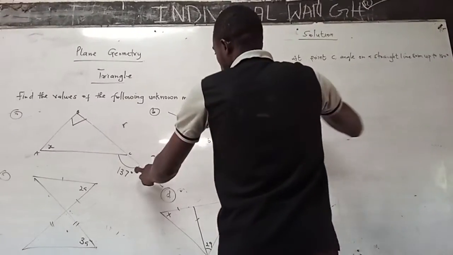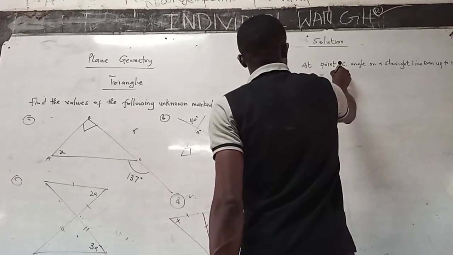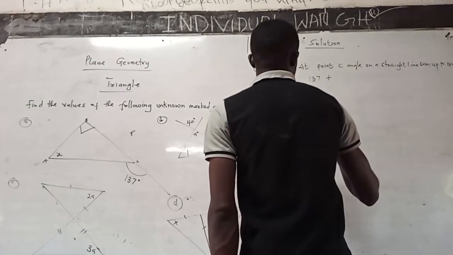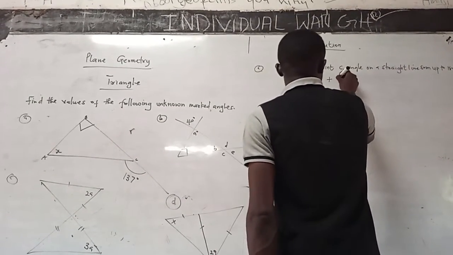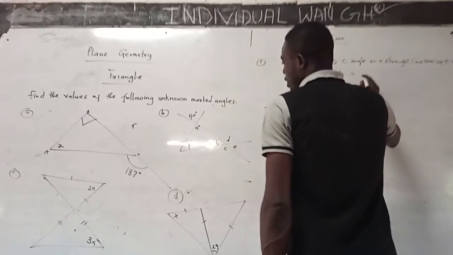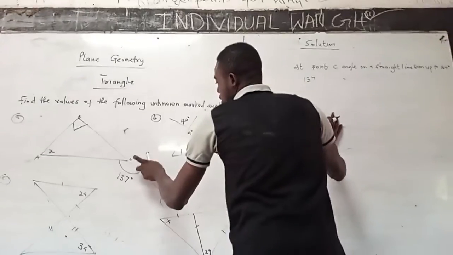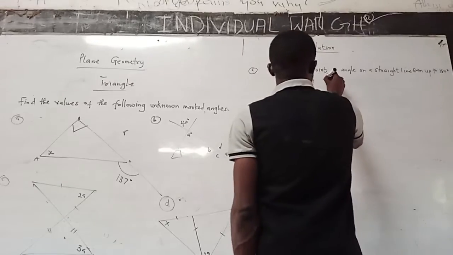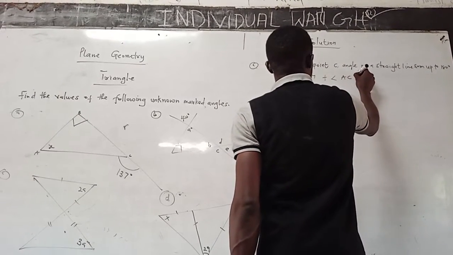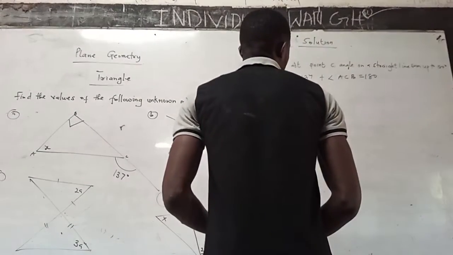So if we have here 137 plus an unknown, let's represent that place as B. Then we can say that angle ACB plus 137 is equal to 180.